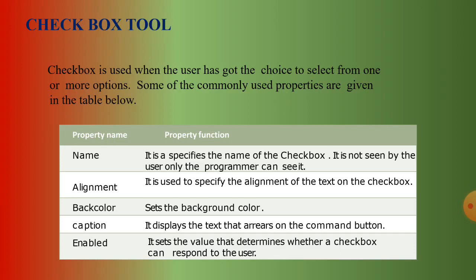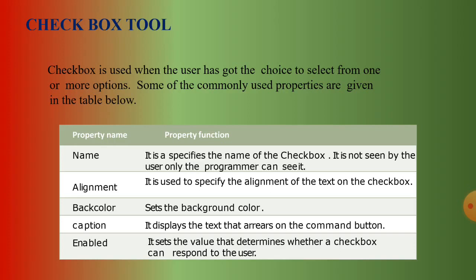If you want to check one or more options, we must use checkboxes, not only a single option. For a single option we will use another control, but in the case of checkboxes, if there are a number of options, we can select one or more options.